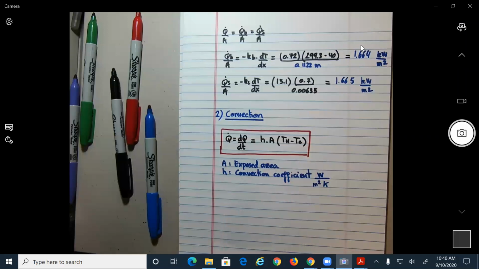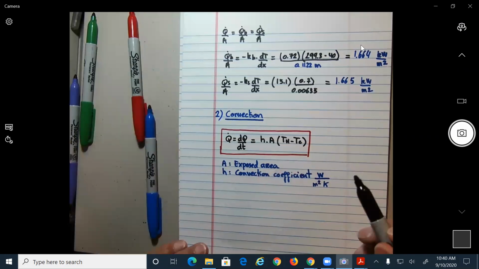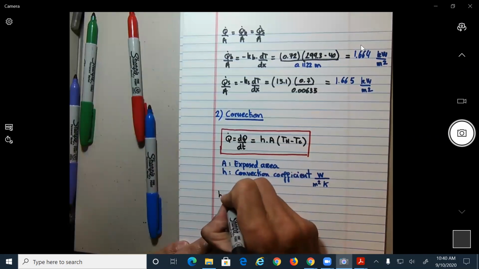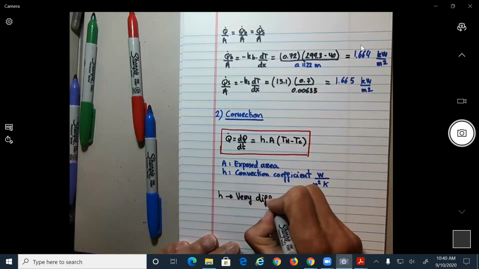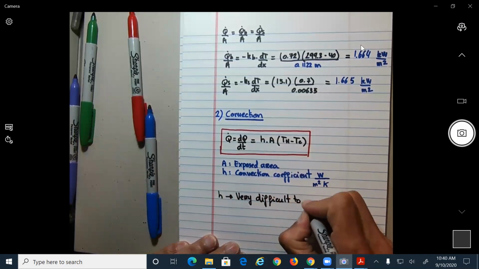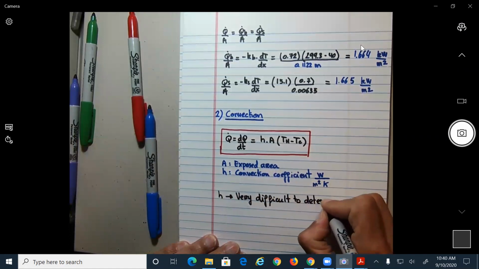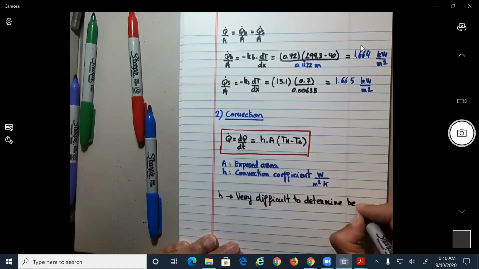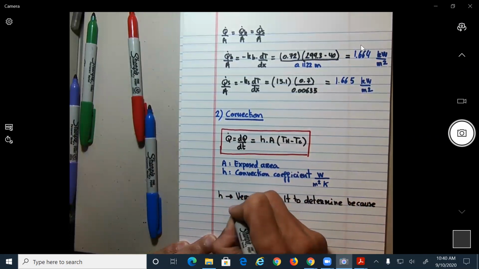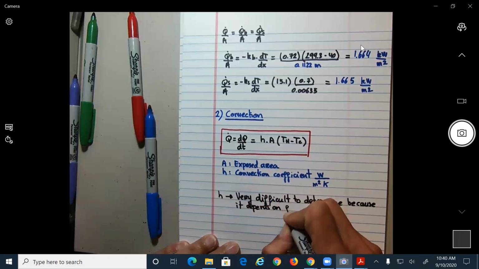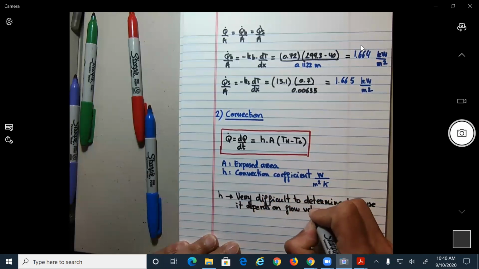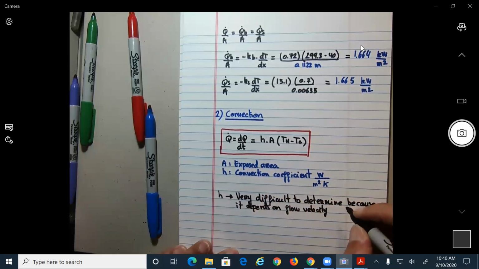All right, so that's the only thing I'm going to write down. So H over here: very difficult to determine, because it depends on flow velocity, and let me put it here, and shear with surface.